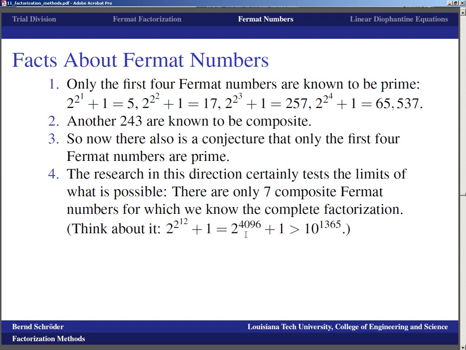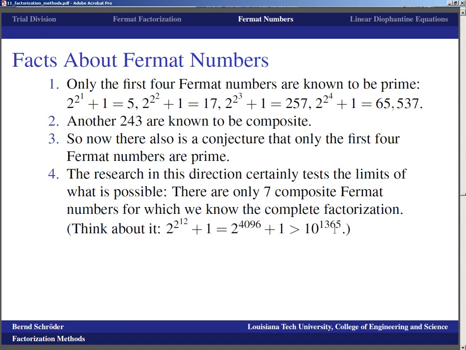If you work that out, I think I just took the log to base 10, and that's greater than 10 to the 1,365, so that is a number with over 1,360 digits.